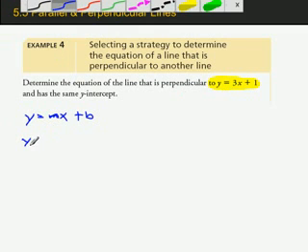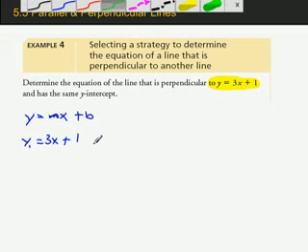I'll call this y1 because it's the first equation that we're dealing with. y1 equals 3x plus 1. And let's just break this down.